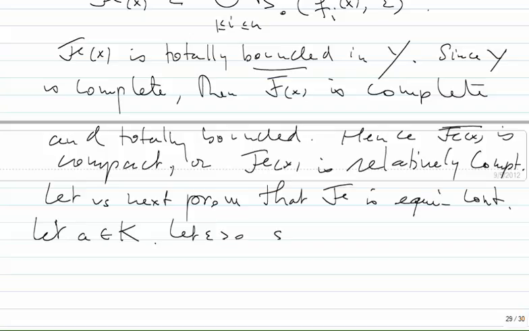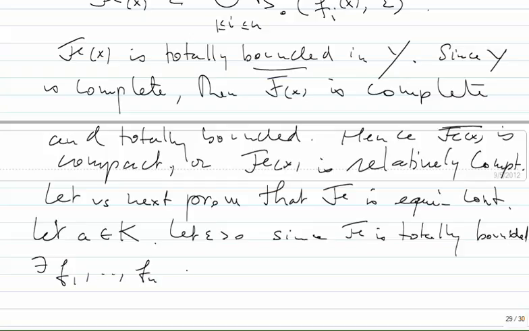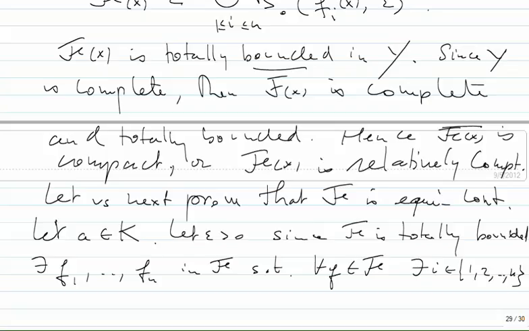Since F is totally bounded, there exist f1, ..., fn in F such that for any f in F there exists i such that the distance from f to fi is less than epsilon over 3.